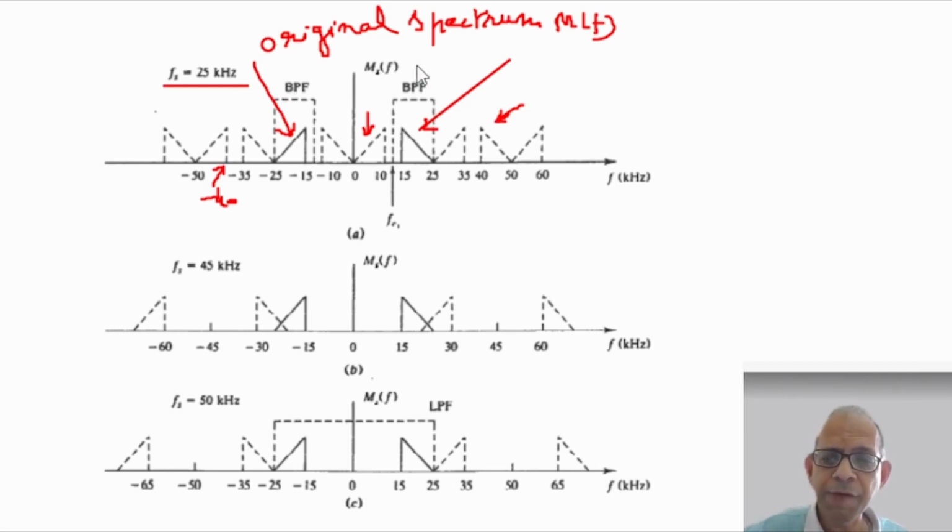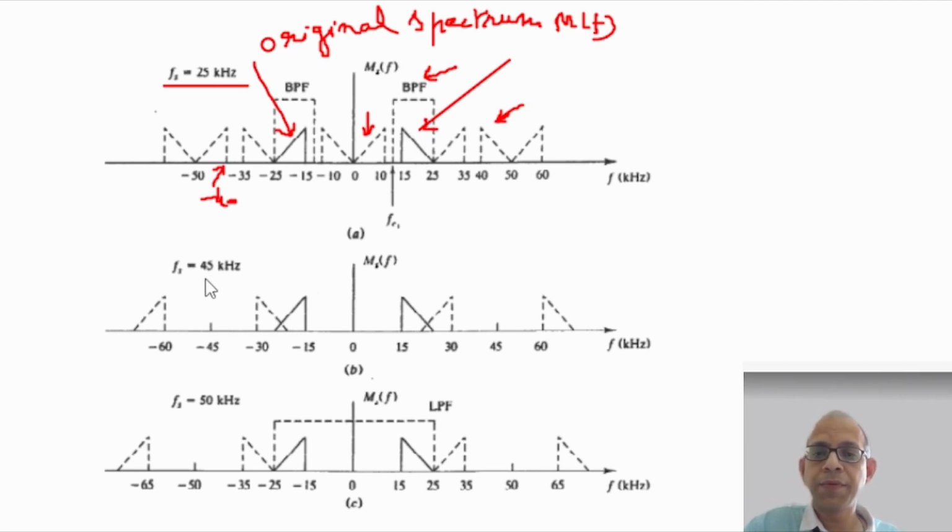Clearly, if we use a bandpass filter as shown here, with lower cutoff frequency between 10 and 15 kilohertz and the upper cutoff frequency exactly equal to 25 kilohertz, we are able to extract the original spectrum and therefore the original signal.